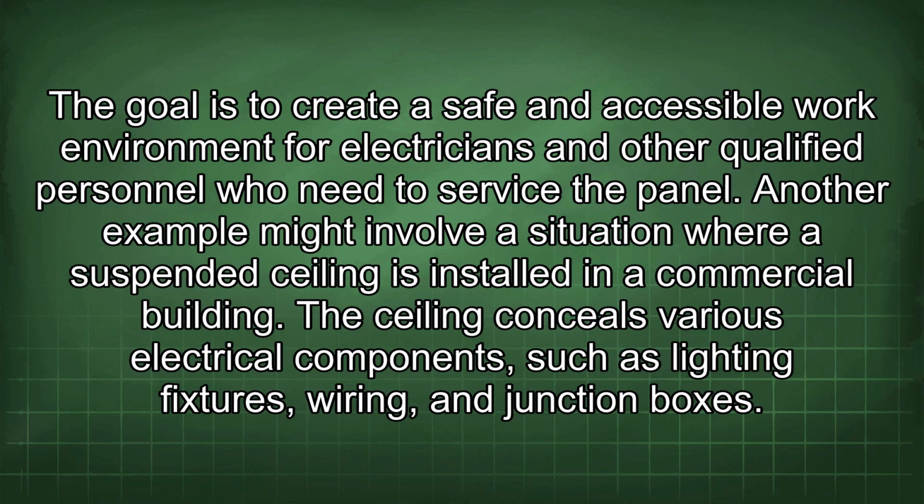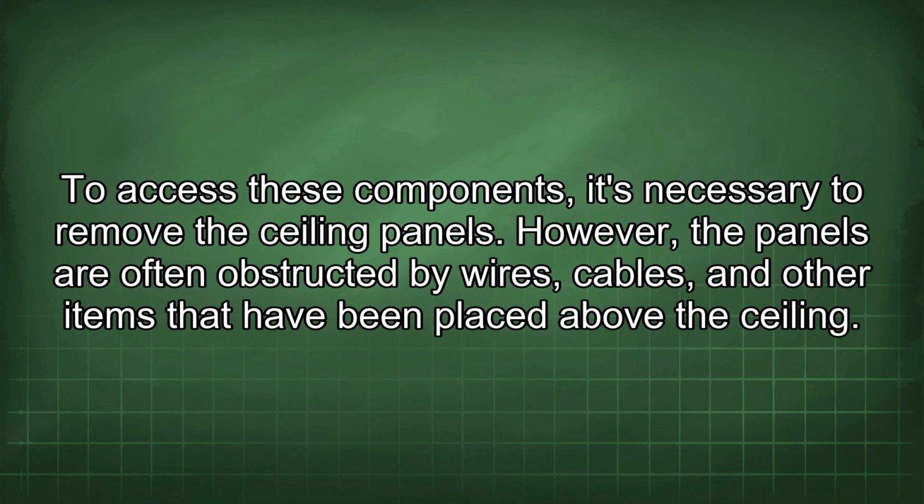The goal is to create a safe and accessible work environment for electricians and other qualified personnel who need to service the panel. Another example might involve a situation where a suspended ceiling is installed in a commercial building. The ceiling conceals various electrical components such as lighting fixtures, wiring, and junction boxes. To access these components, it's necessary to remove the ceiling panels. However, the panels are often obstructed by wires, cables, and other items that have been placed above the ceiling.